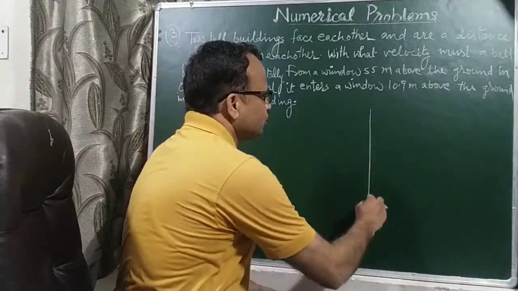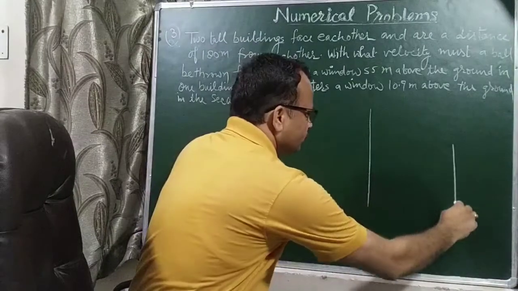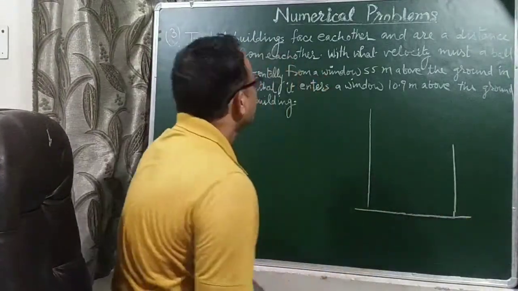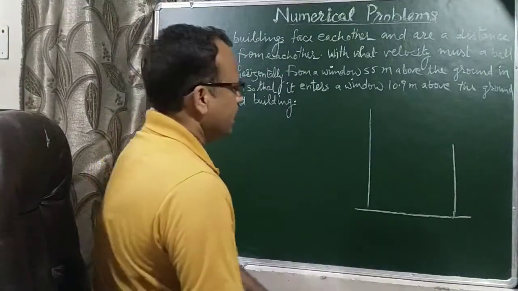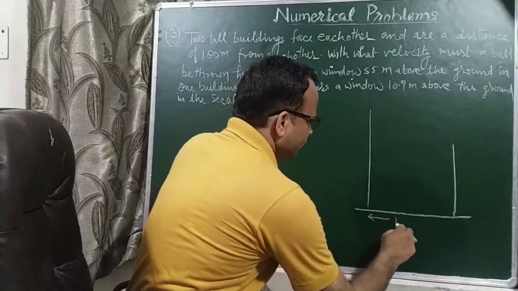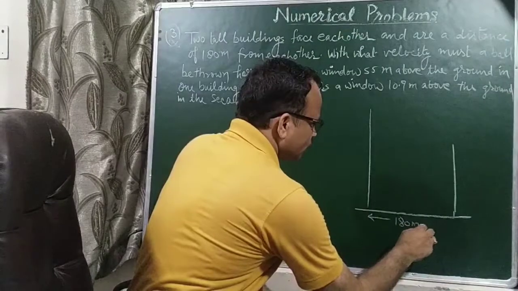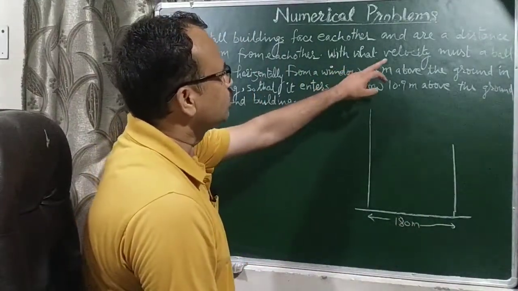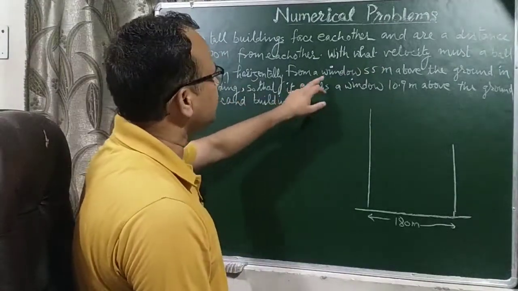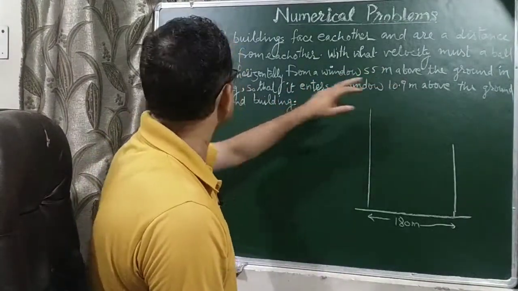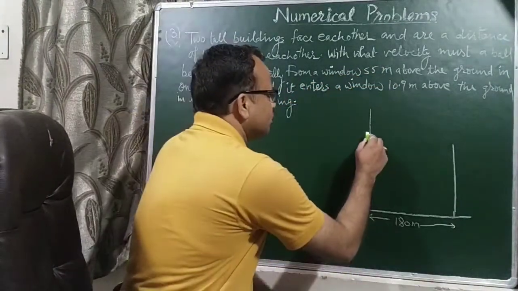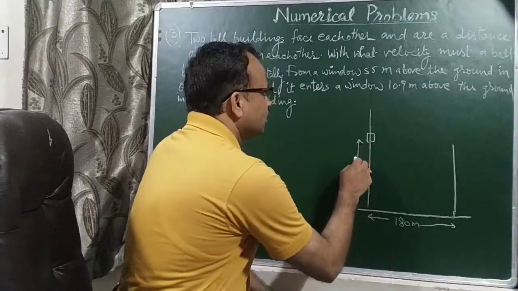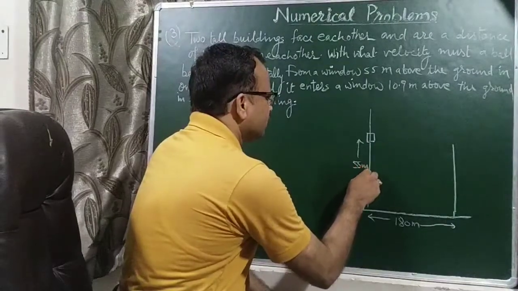Suppose these two tall buildings, this is the ground, and 180 meter from each other, face each other. Okay. With what velocity must a ball be thrown horizontally from a window 55 meter above the ground in one building? Suppose this is the window which is at 55 meter from the ground.